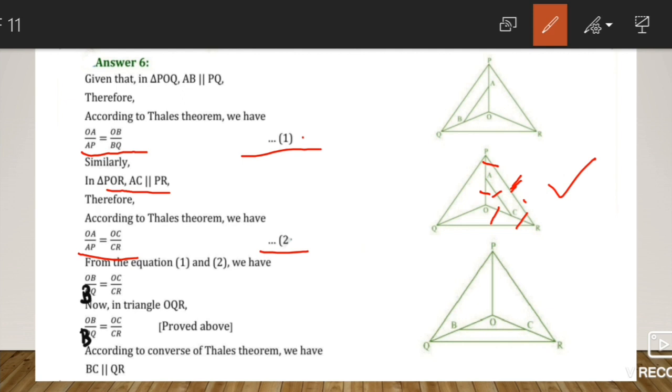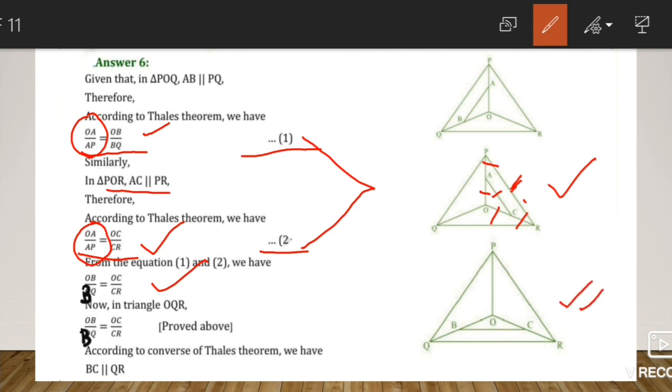Now if you combine equation number 1 and 2, you can say that the left hand side of both equations are equal. So OB by BQ will be equal to OC by CR. That's why OB by BQ is equal to OC by CR. Now check the third figure.